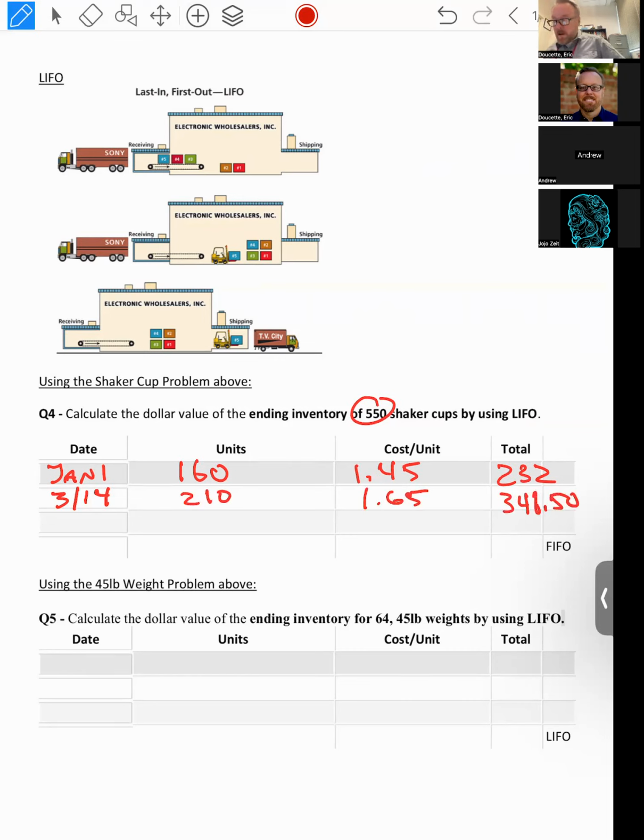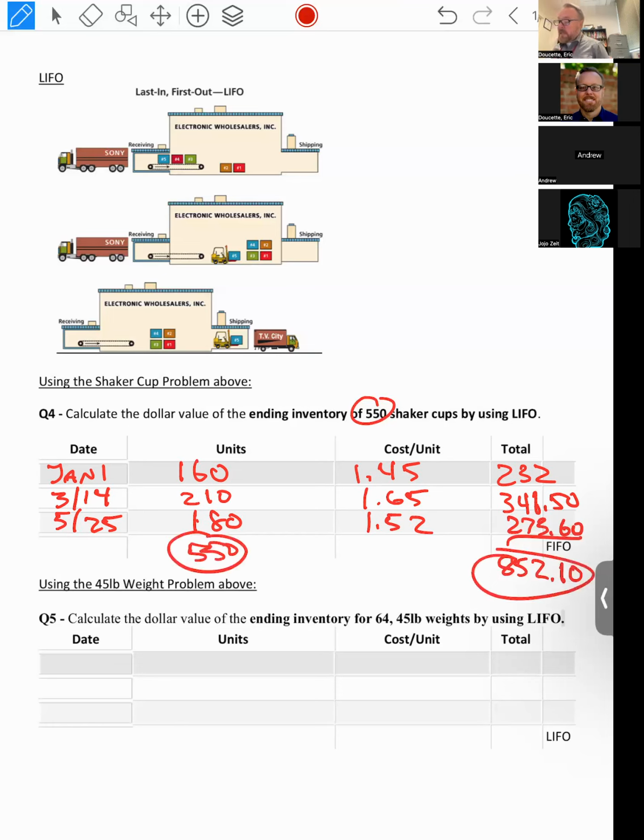And then we said on May 25th, we had another 180. And we multiplied that by 152, and that comes out to $273.60. So if I add all that up, it comes out to $852.10. And that's 550. So my ending inventory for the shaker cups of 550 using LIFO method means that I have a total cost of inventory of $852.